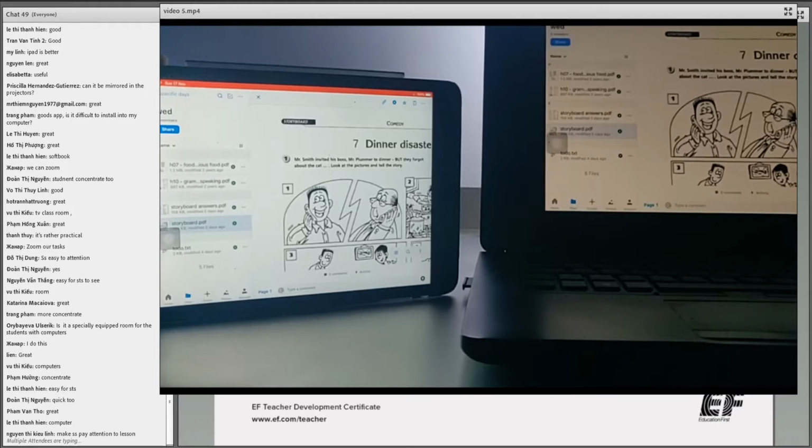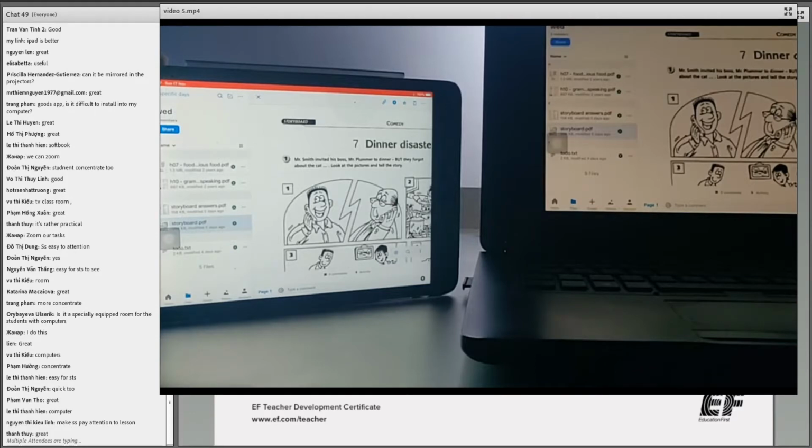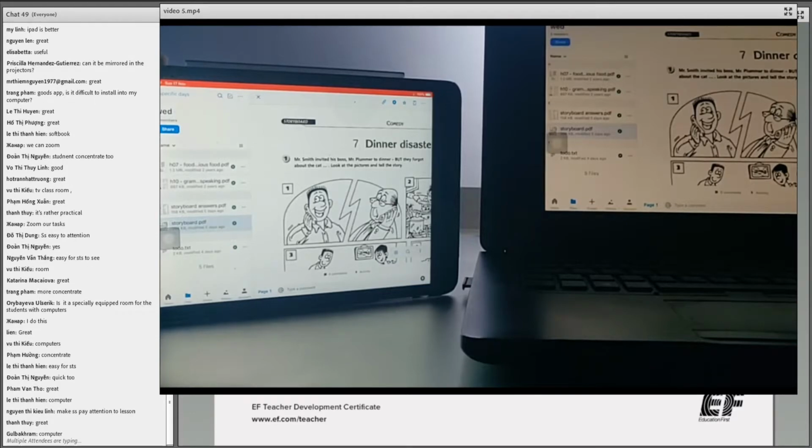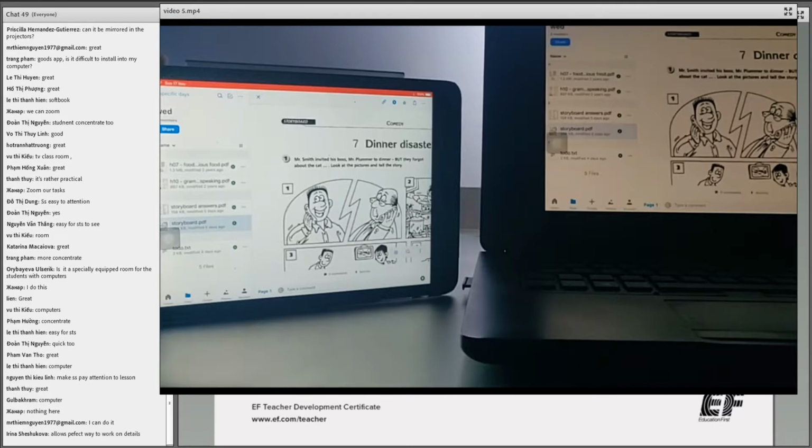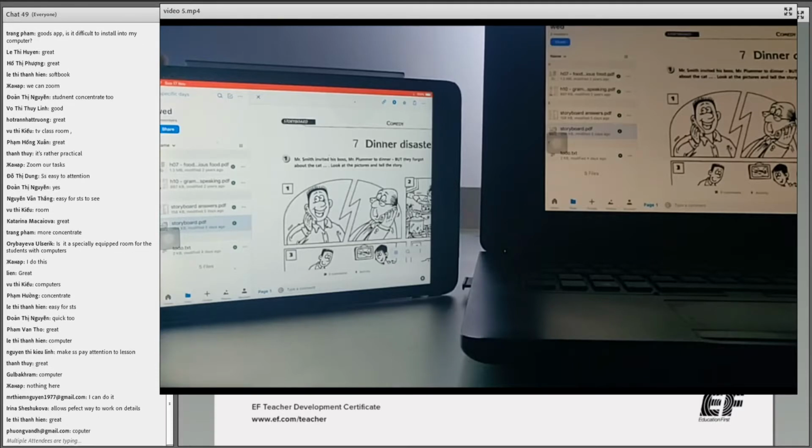On the right, there would be the classroom TV. Okay, that's loading. Okay, not really working.